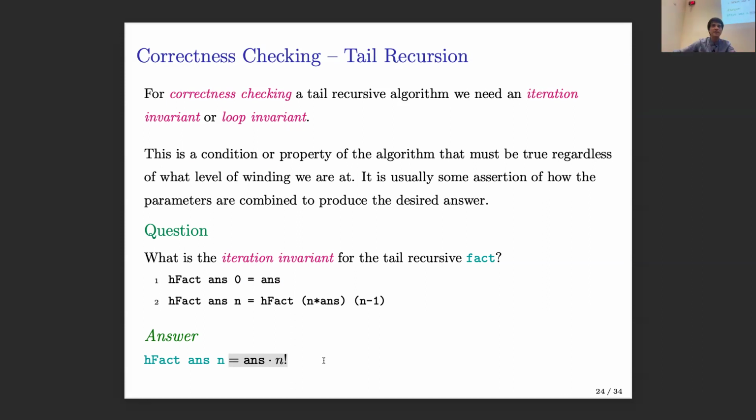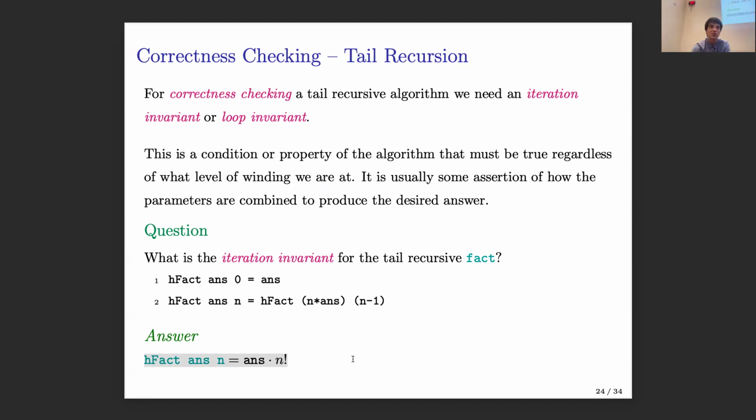It could be an English statement. It could be a mathematical statement. It could be a picture, right? But it's something that tells you how to construct the answer from the input. My claim is that this is always true. And if this is always true, what's specifically true about the initial call? Well, I said the initial call was factorial equal to helper factorial, where you start the answer at 1.